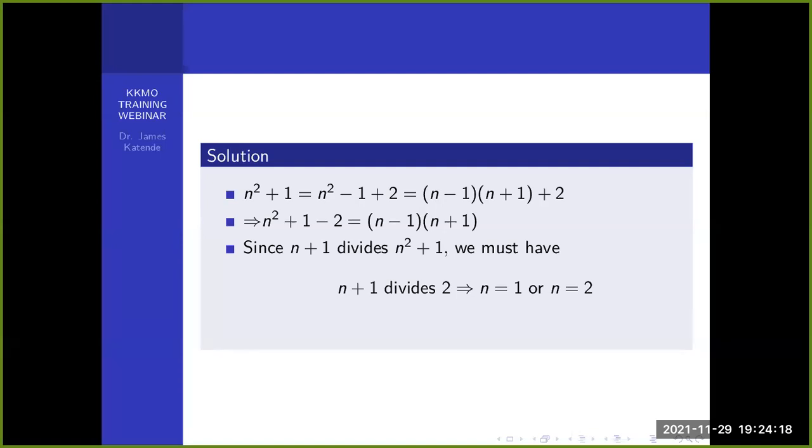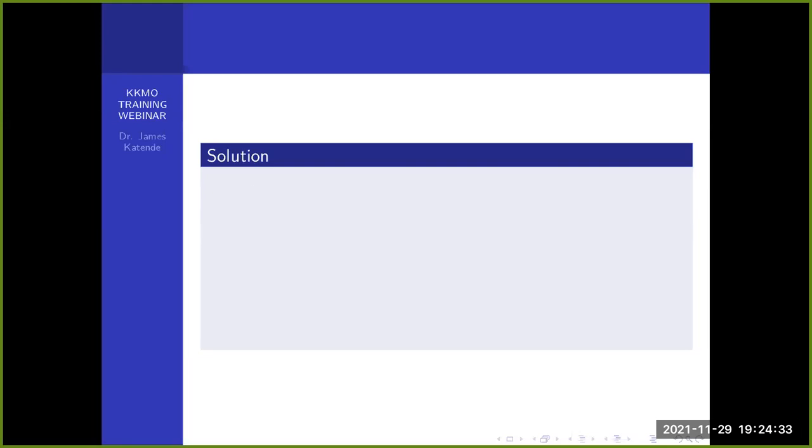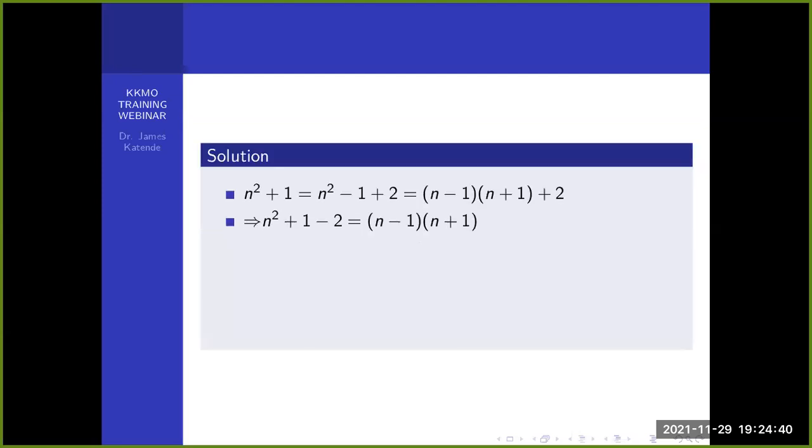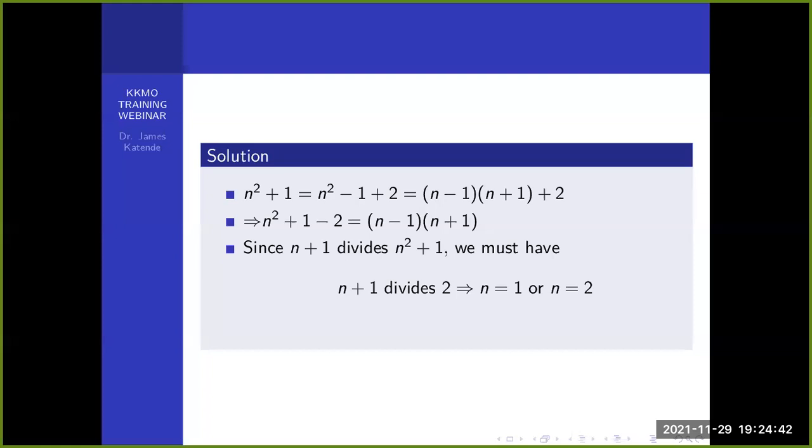Wait, what if we say that n equals 0 such that n plus 1 equals 1? We are looking for positive integers. Oh, okay. If we say non-negative, then 0 can count. 0 would work if you're looking for non-negative integers. So we want to focus on only positive.